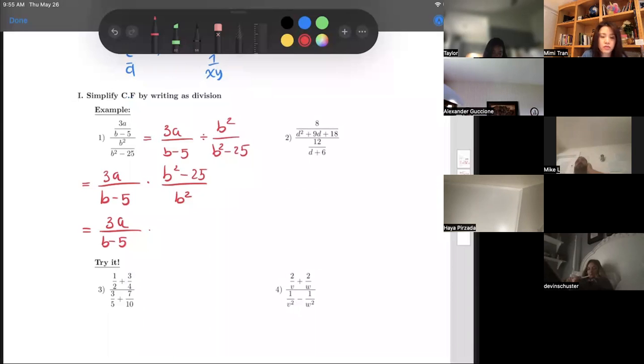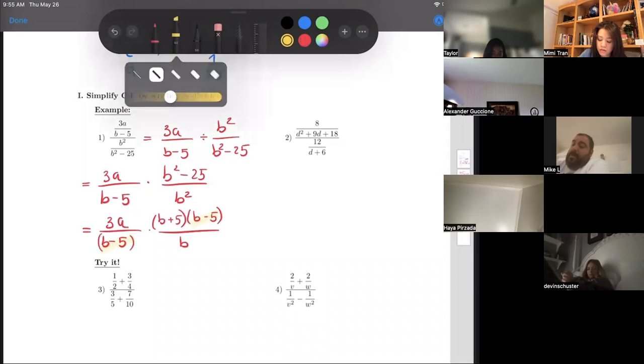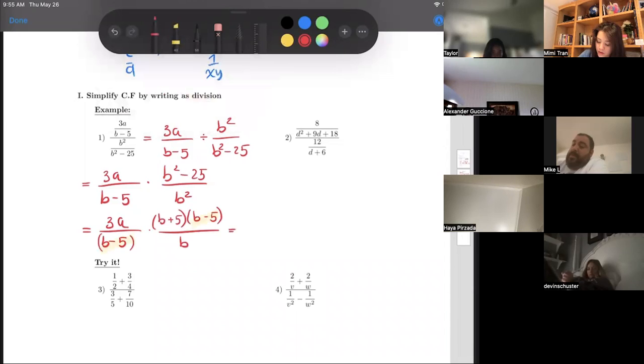B squared minus 25 is the same thing as b plus 5, b minus 5. Thank you, Taylor. And now you can simplify that and that. So it's going to be 3a times b plus 5 on the top, and the bottom is just b.